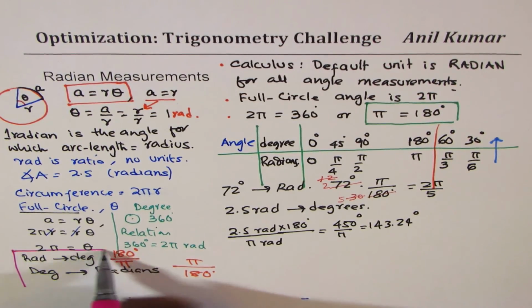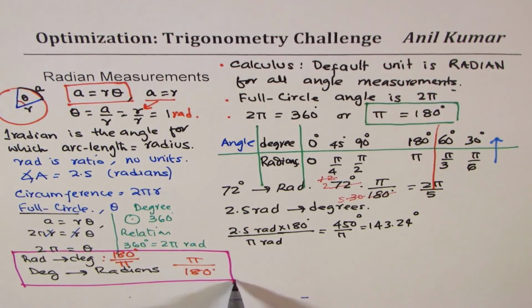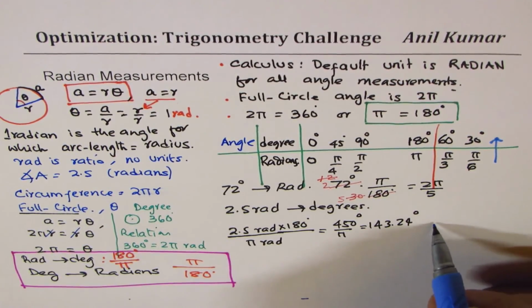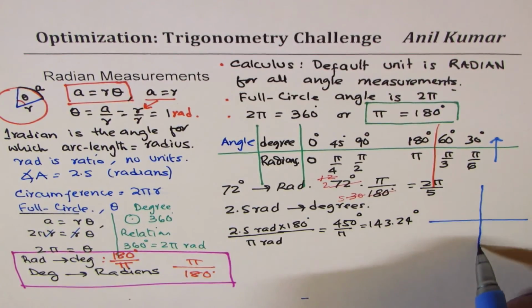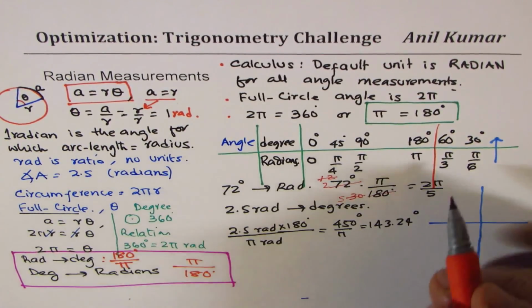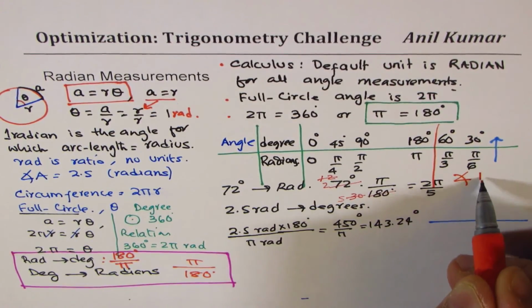Now the next thing which we'll talk about is how to sketch angles in radians, right? So let me make two kinds of sketches here. We'll now see how to sketch angles in radians.